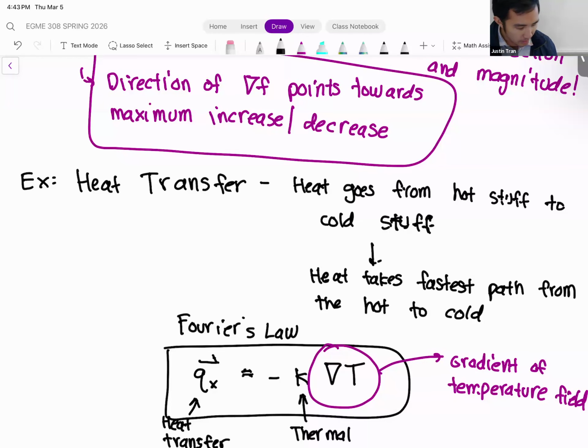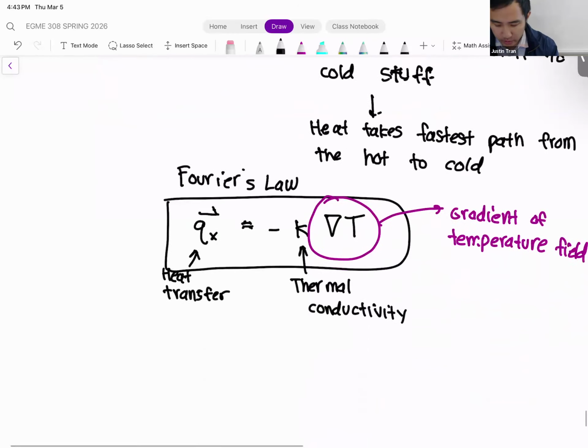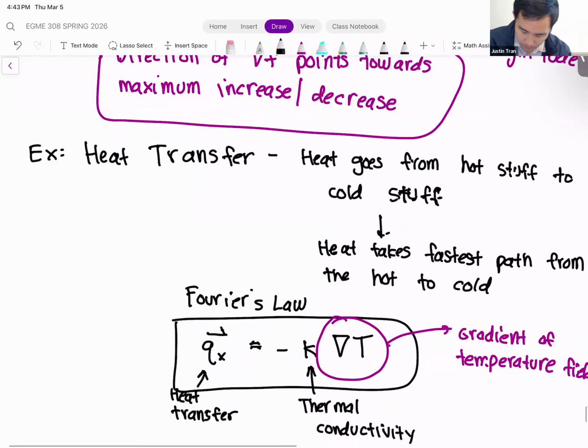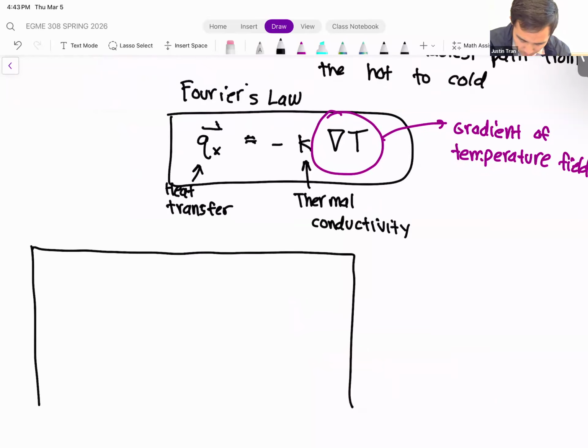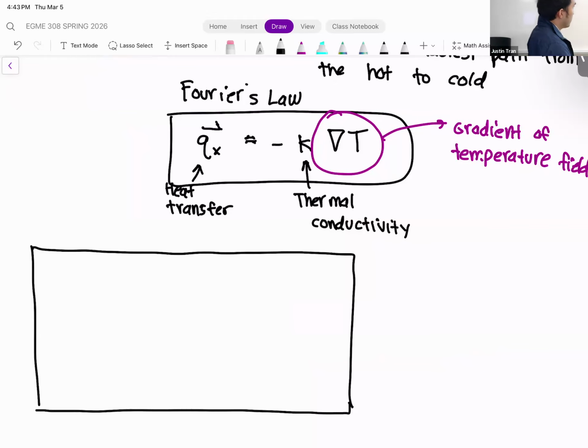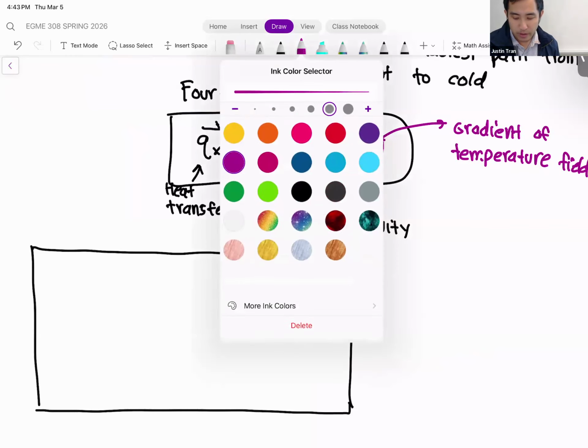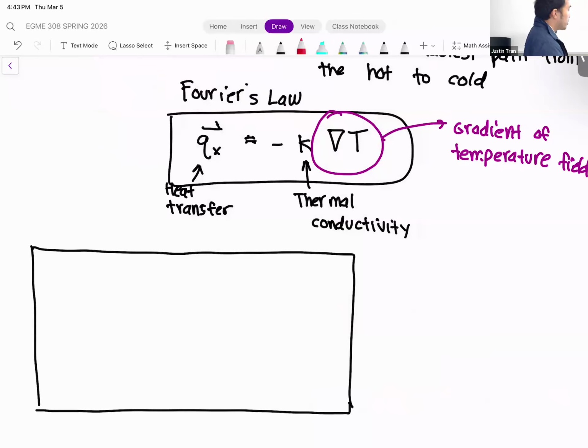If we draw this out, let's say that we have a two-dimensional domain here. Just to save myself some time, and I know not all of you have this available right now, so I apologize, I'm going to use colors to denote temperature. Let's say we have a very hot corner up here, and then the temperature slowly decreases from there.